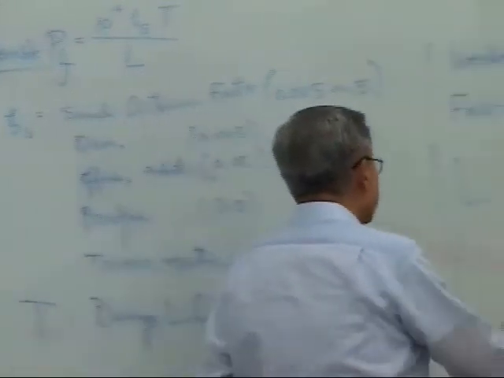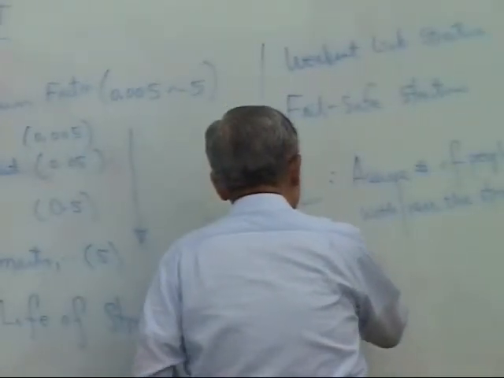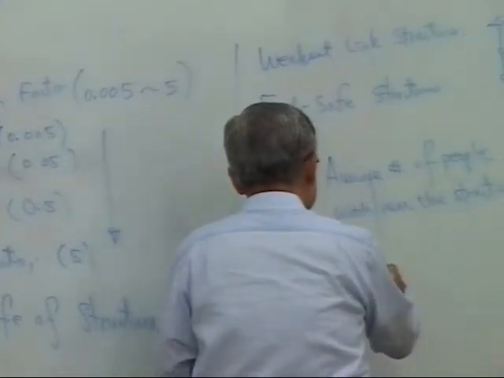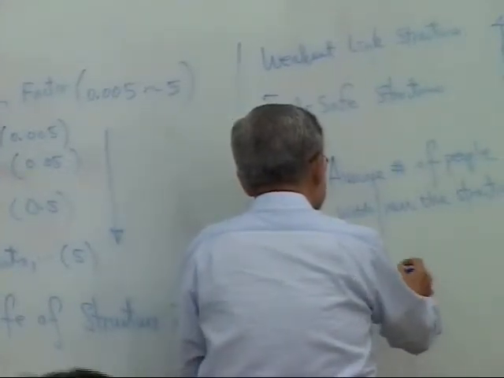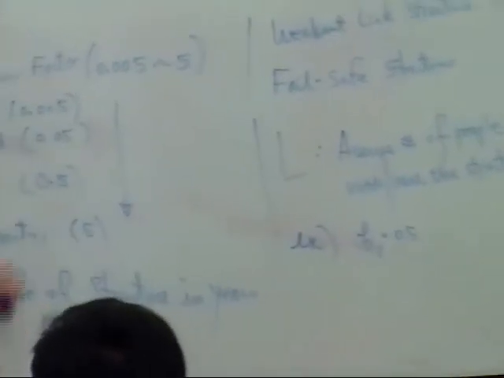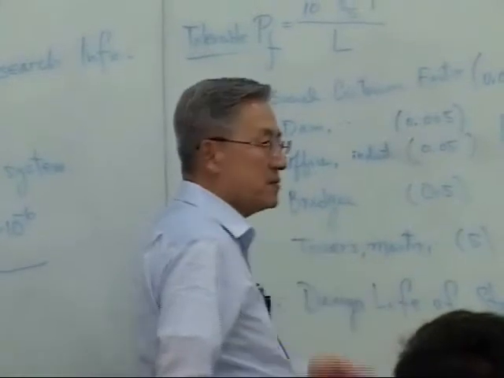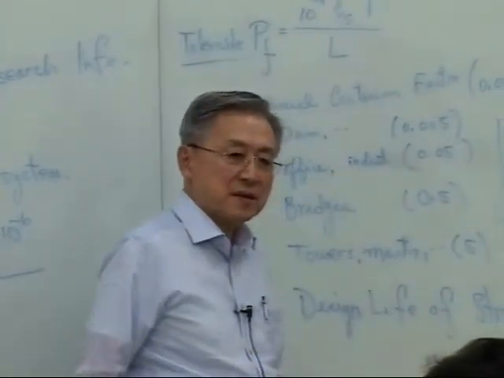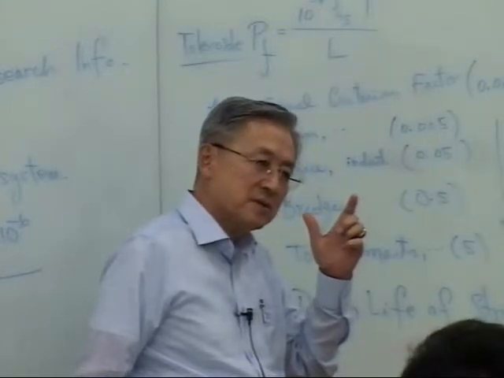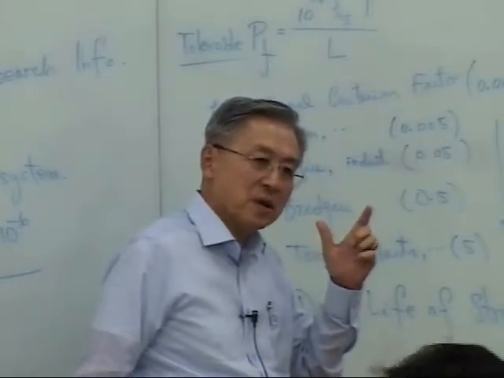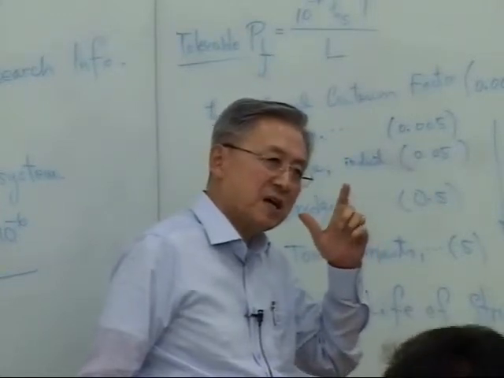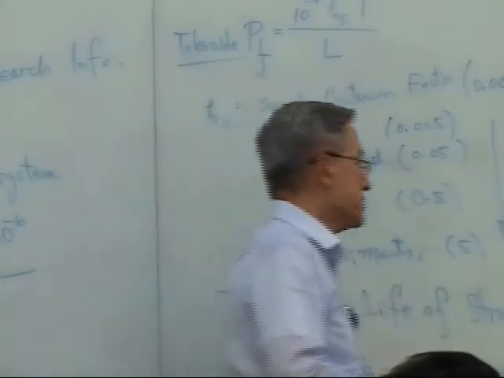As an example, I want you to compute yourself. For example, zeta S, the social impact factor, is 0.5. So let's say a rough range of 0.5, like a bridge design. I'm going to design a bridge. Then what would be the allowable probability of failure, which I assign to compute?